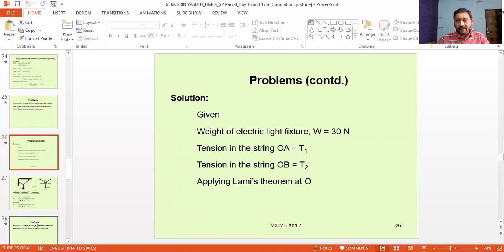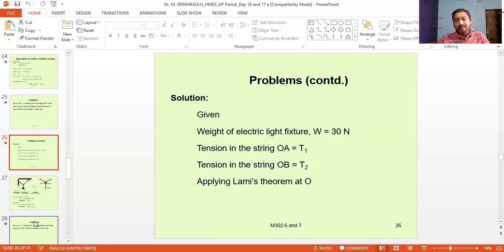First, the weight of the electric light fixture W is equal to 30 newtons, and let the tension in the string OA be T1 and the tension in the string OB be T2.